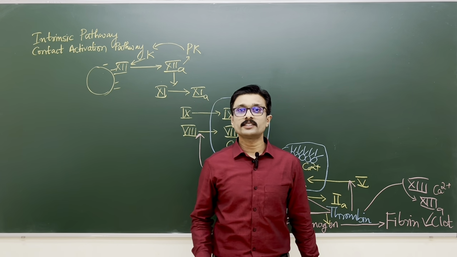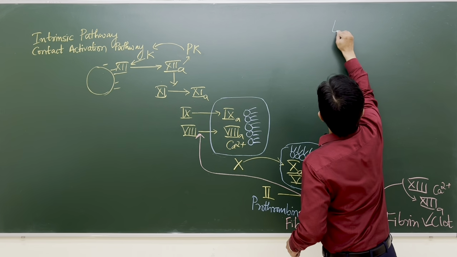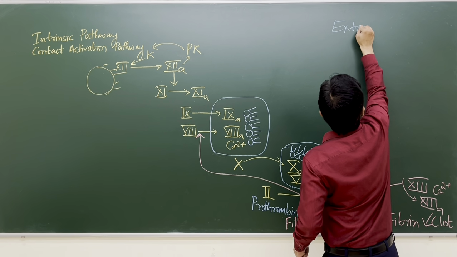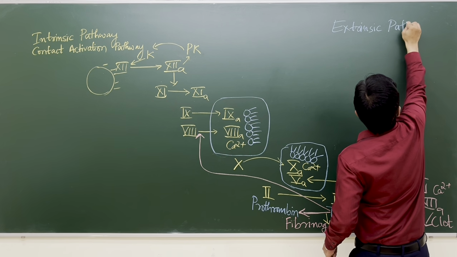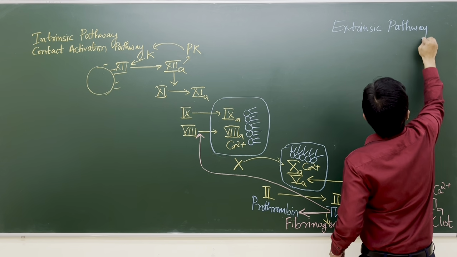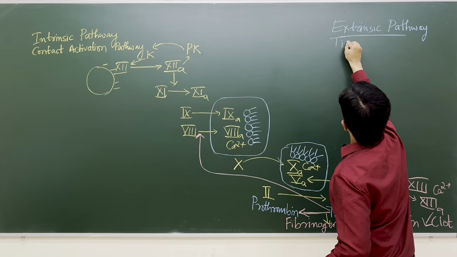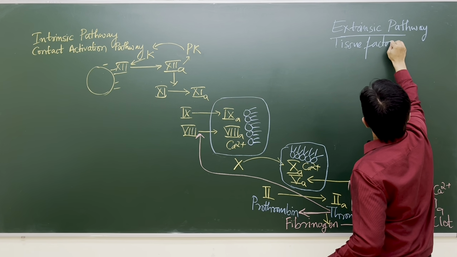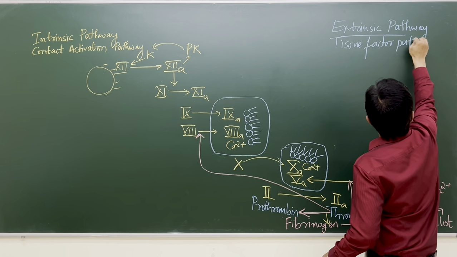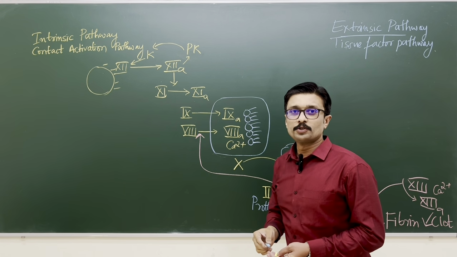Now let us see how this extrinsic pathway is getting activated. Extrinsic pathway, see, extrinsic pathway is also called tissue factor pathway. What do you mean by this tissue factor?